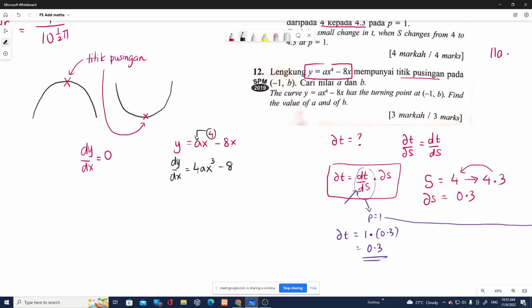Dan kita kata dy dx mesti samakan dengan kosong. Dia kata titik pusingan itu pada nilai x ialah negatif 1. Maka dy dx dia kosong apabila x ialah negatif 1.